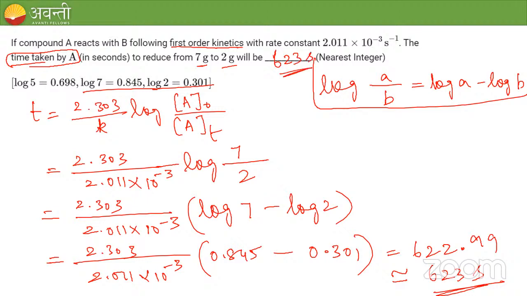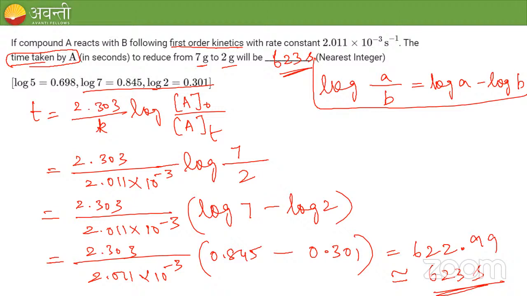Got it? So your answer is more or less close to this, but you have to find out the exact answer. Then only you will get the correct mark. So shall we go with the next question?